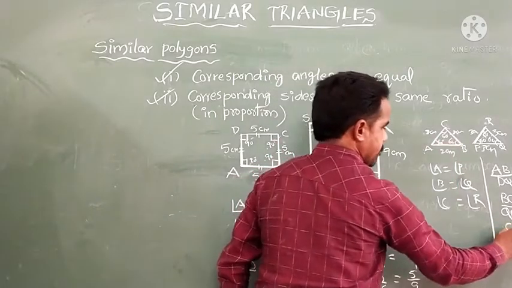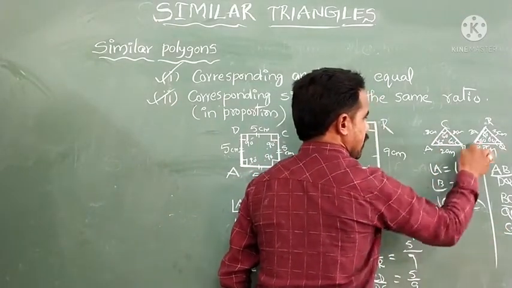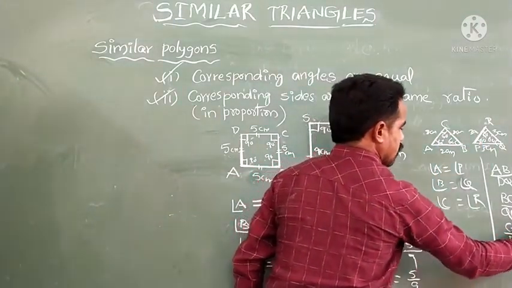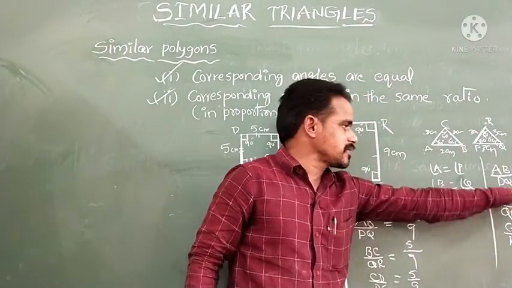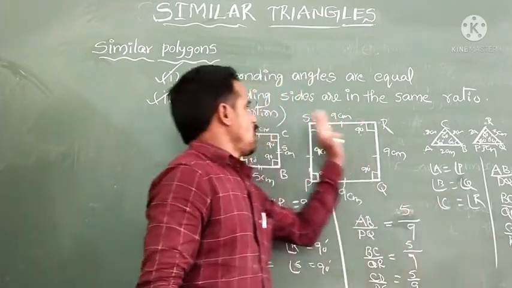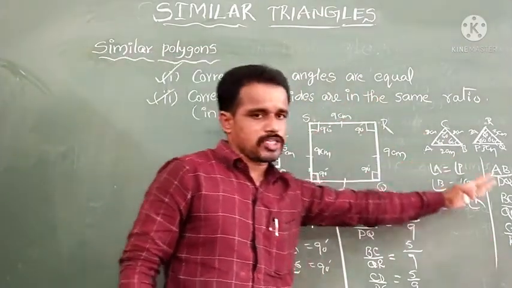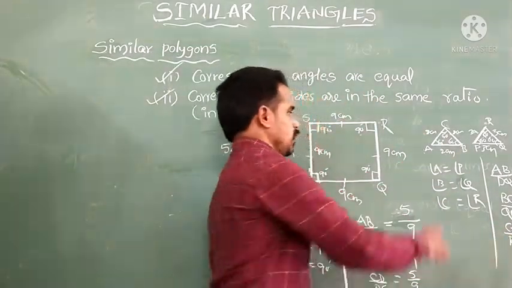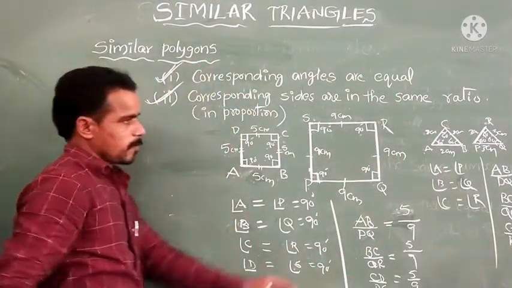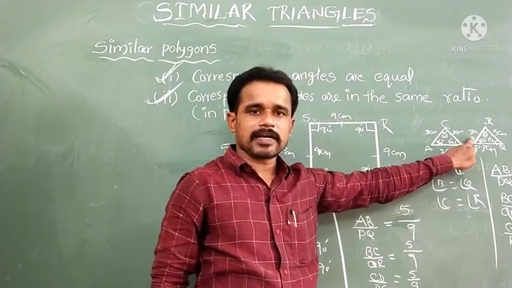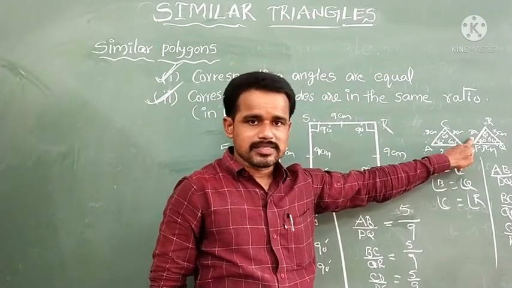Next CA by RP equal to 2 by 3. Corresponding sides ratio is equal. That means all corresponding sides are in the same ratio, proportional. So these two equilateral triangles satisfy these two conditions. Hence equilateral triangles are similar.